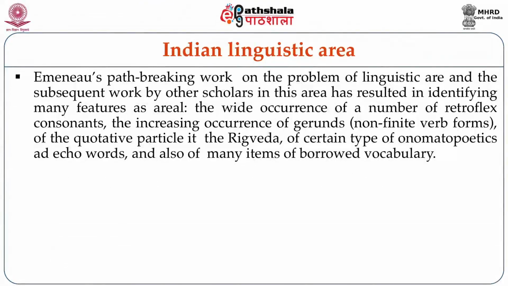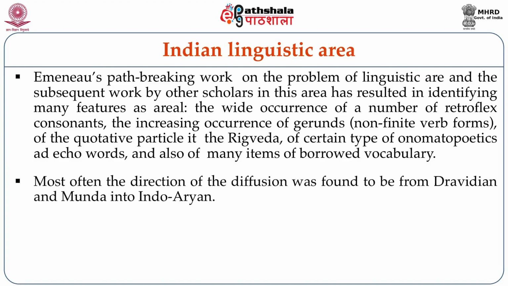Emeneau's path-breaking work on the problem of linguistic area and the subsequent work by other scholars in this area has resulted in identifying many features as areal: the wide occurrence of retroflex consonants, the increasing occurrence of gerunds, use of the quotative particle in the Rig Veda, certain types of onomatopoetics and echo words, and also many items of borrowed vocabulary. Most often, the direction of the diffusion was found to be from Dravidian and Munda into Indo-Aryan.